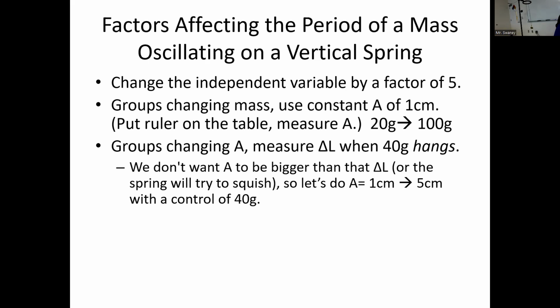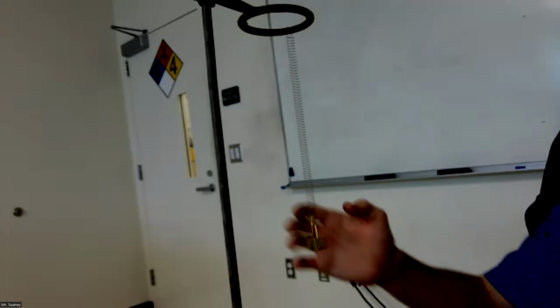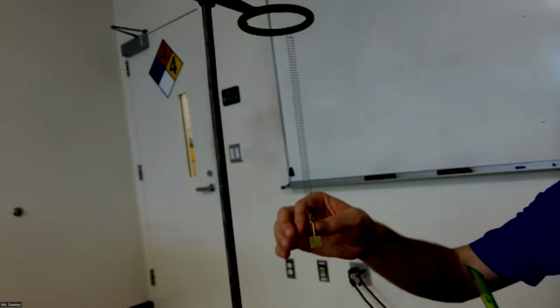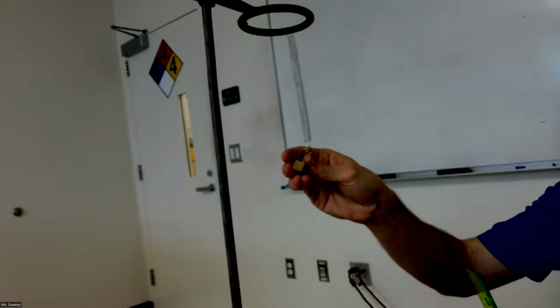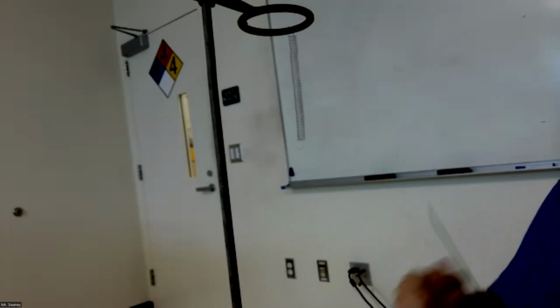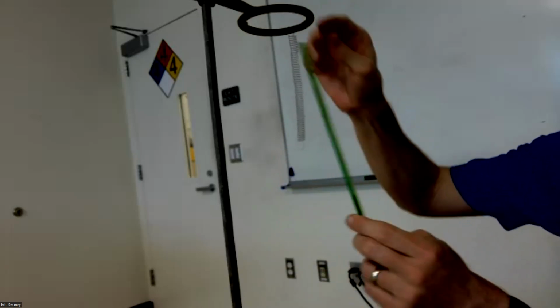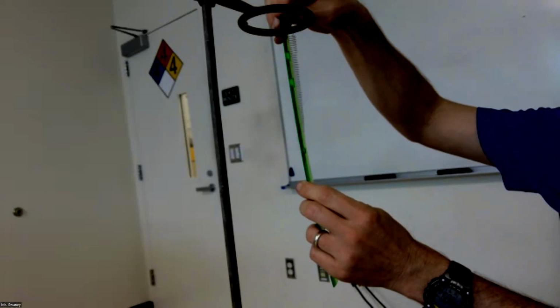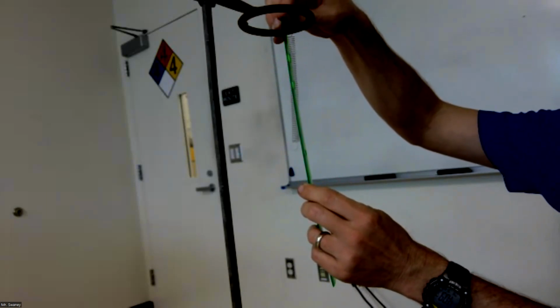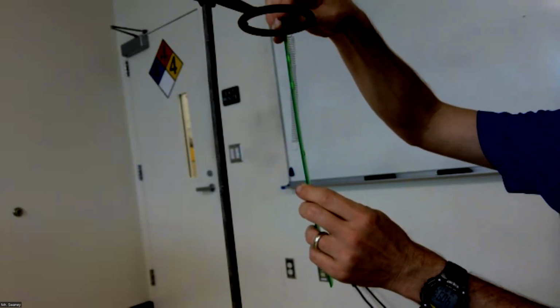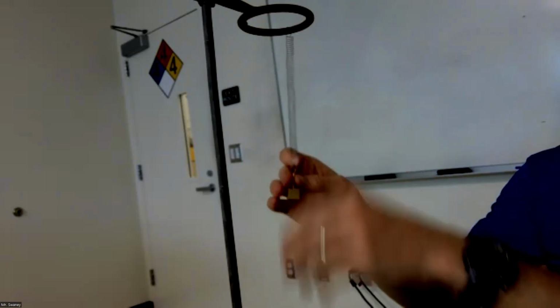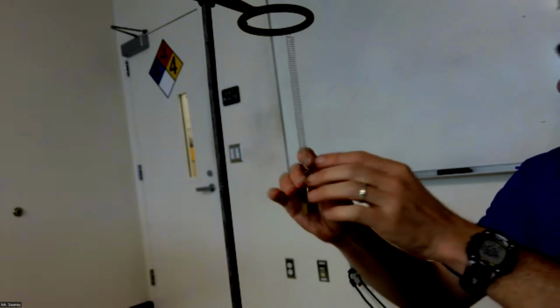everybody can do this, no matter whether you're changing mass or amplitude. So if I go like this and measure the length of the spring, the big deal for right now is my spring's about 14.6 centimeters. And then if I hang these on there, I'm going to go to there again where the spring was.